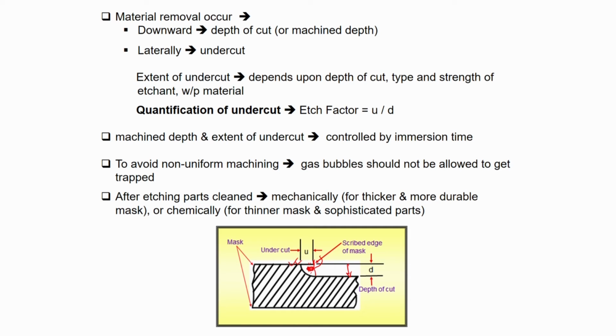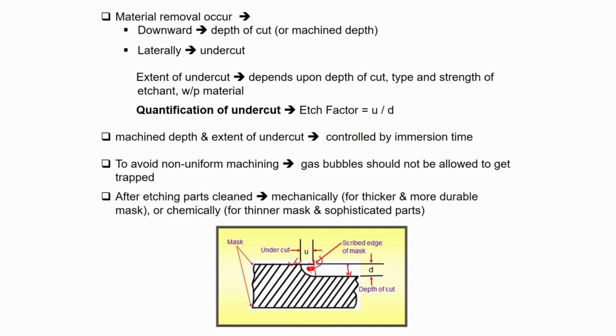If these gas bubbles are trapped between the maskant and the workpiece, there will be less or inaccurate machining. So whatever bubbles or gas are generated must not be trapped inside the workpiece material.